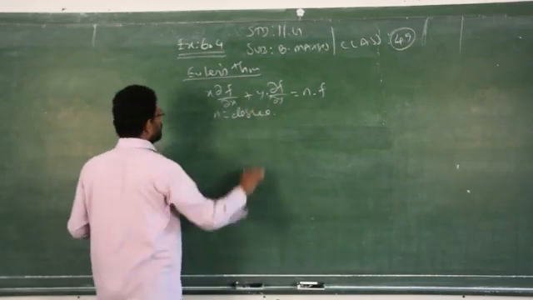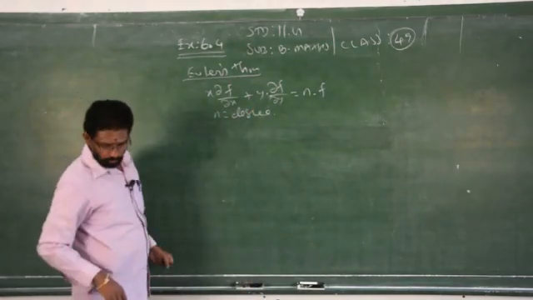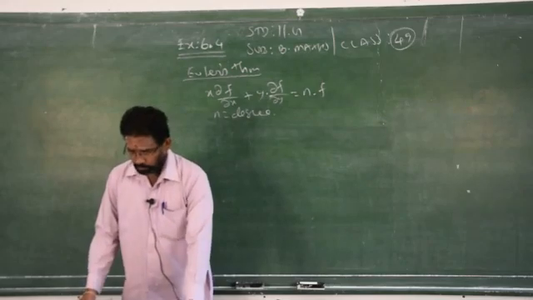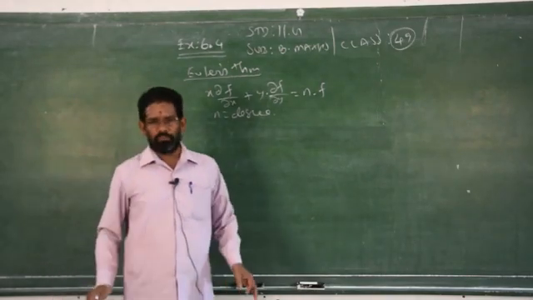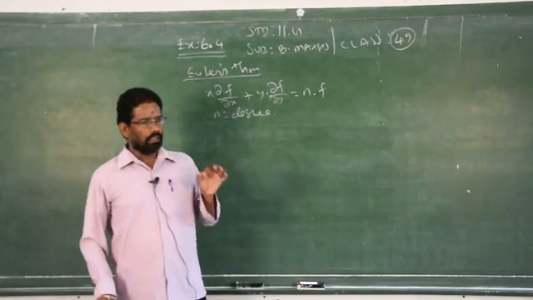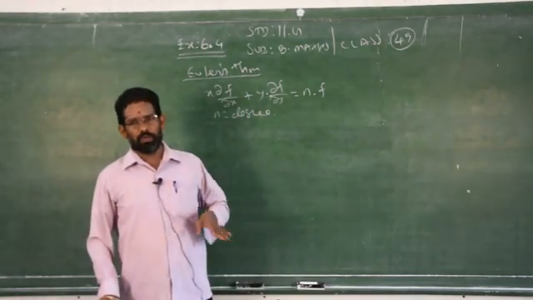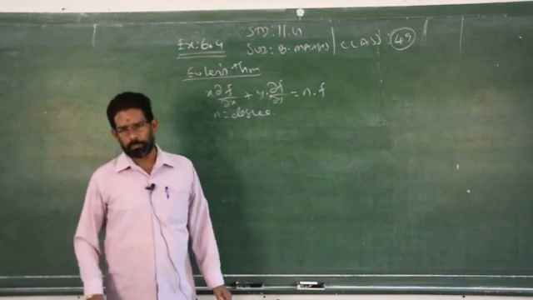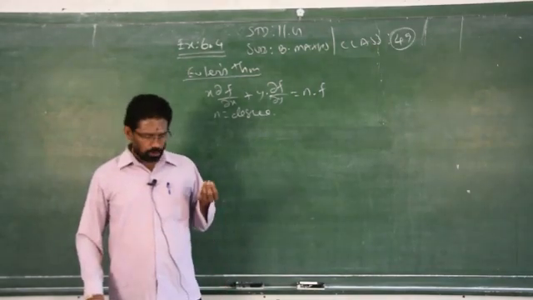So, this is the Euler's theorem. n is the degree. Clear? You can apply this only for homogeneous functions. Sir, what is meant by a homogeneous equation?